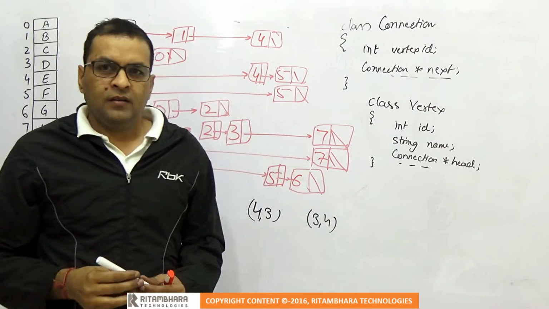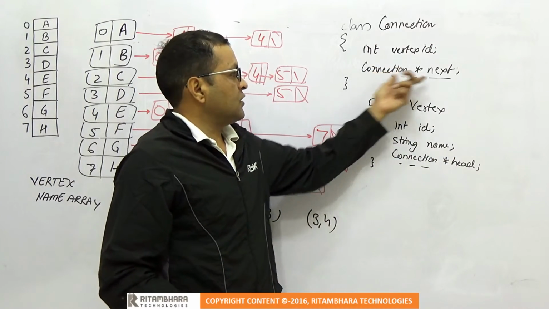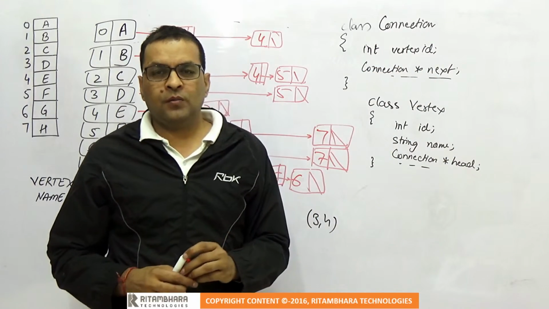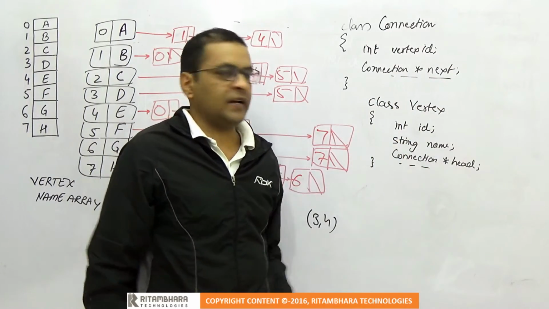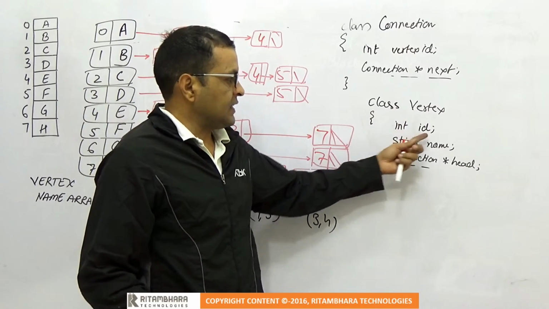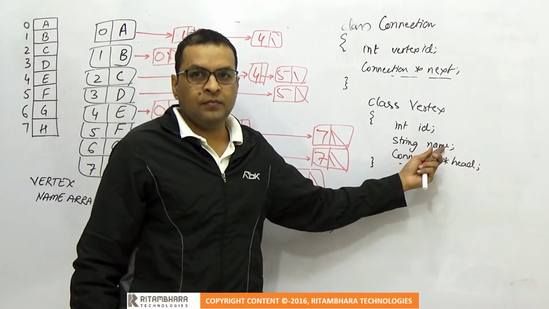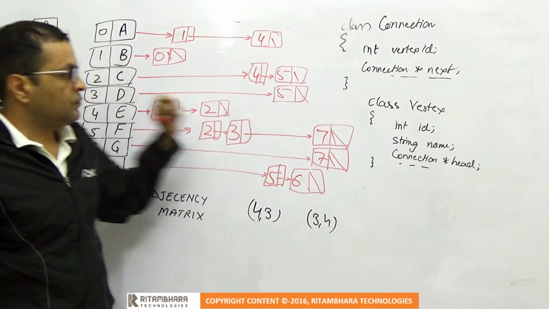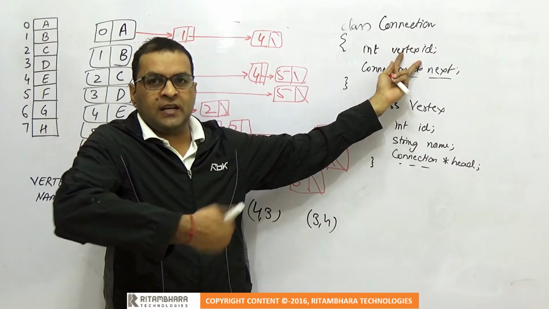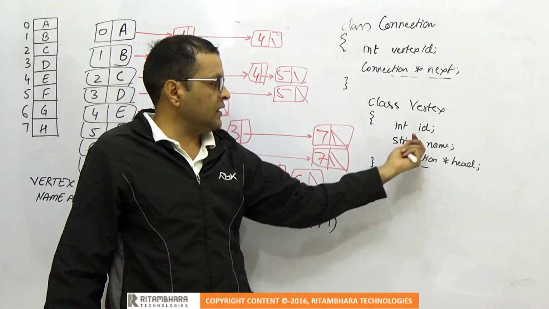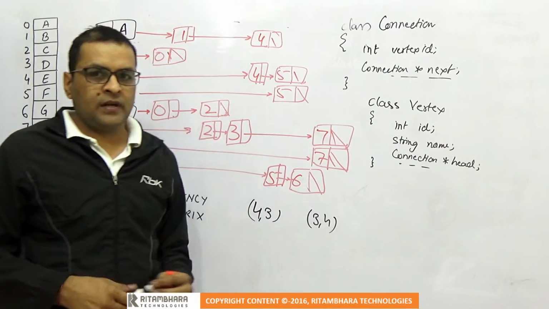If you are using Java, then also you will be using a similar thing, so you will have a connection reference next and a connection reference head, right? Every vertex has an ID and every vertex has a name. Connection has a vertex ID which this connection represents. So vertex ID and ID here are like a mapping between two classes, right?